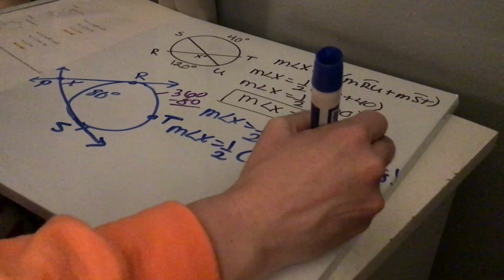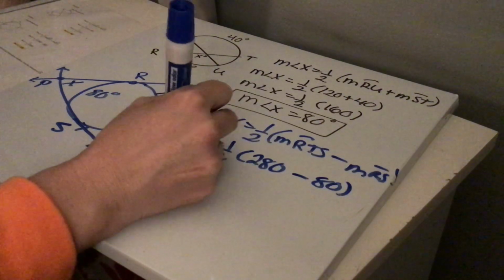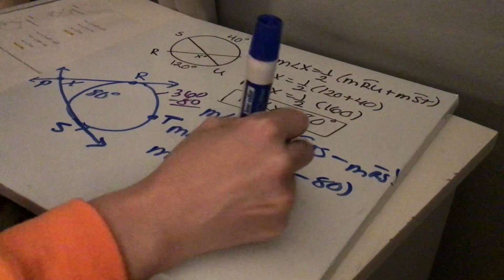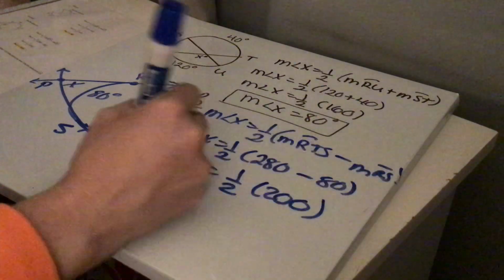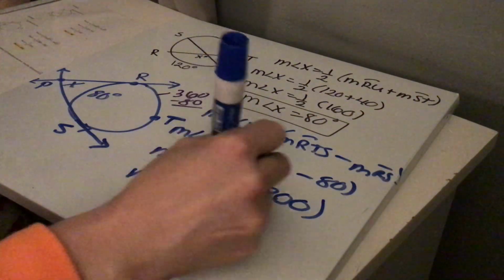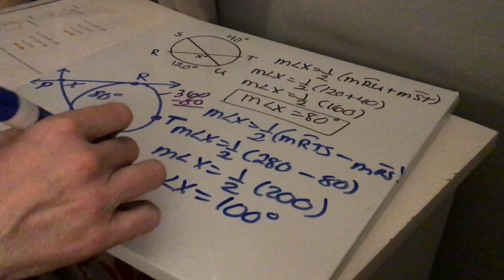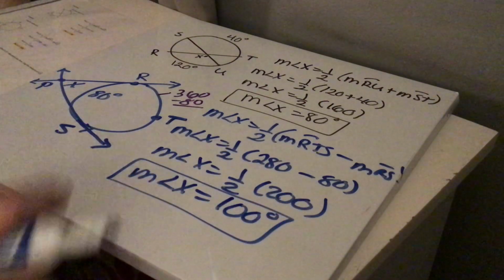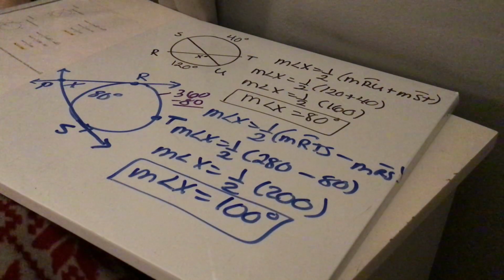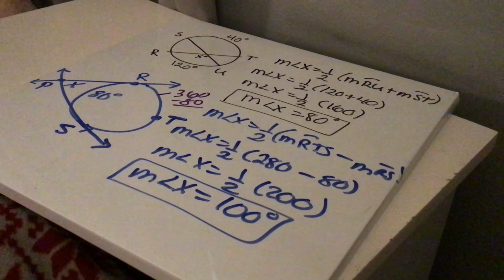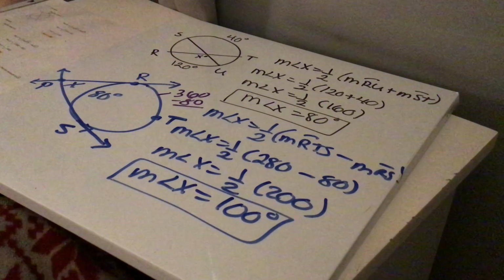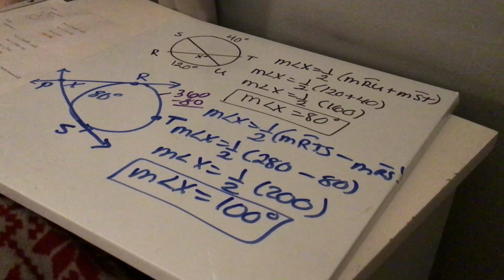And then arc RS is 80 degrees. The difference is 200, and half the difference is 100. So angle X is 100 degrees. Okay, and that is 10.4.